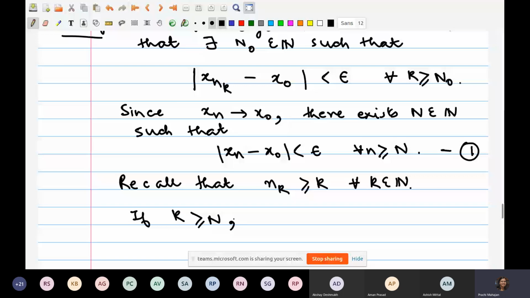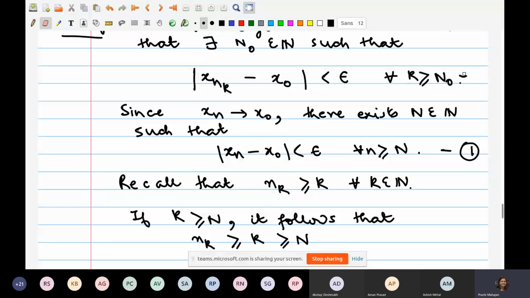Capital N is the cutoff that I get by convergence of the sequence xn to x0. If little k is bigger than capital N, what follows? Now, nk is at least k, which is bigger than capital N, right?